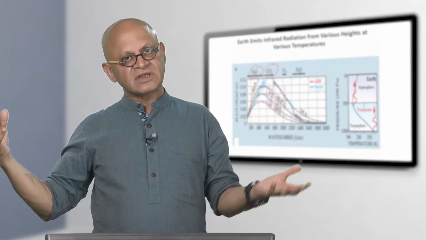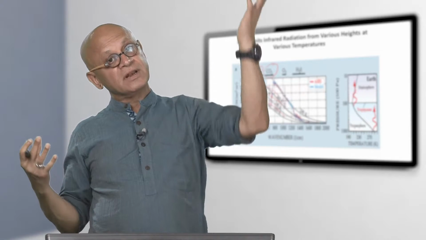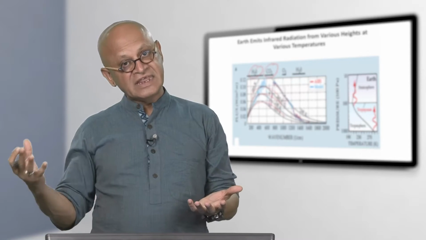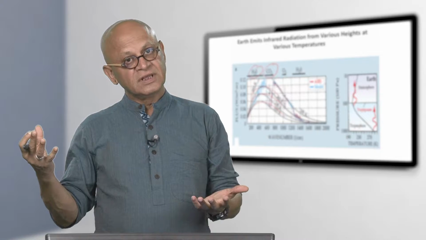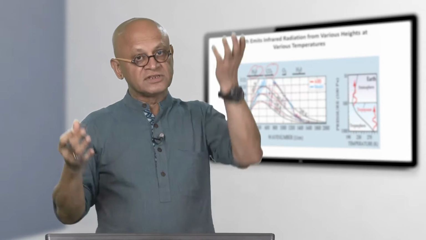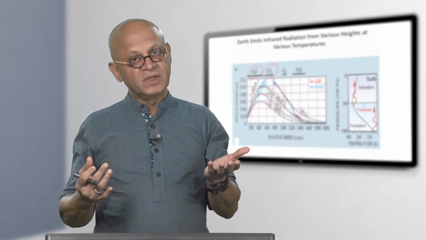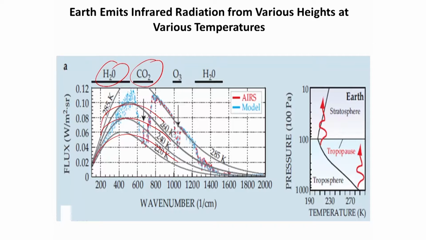So, the deserts have clear skies, so outgoing long wave can directly go to space, but from places which are rainy or have lots of clouds, outgoing long wave cannot go back directly to space. And the CO2 concentrations in the atmosphere are not uniform. So, the temperature profile on the other hand is generally maintained in this shape.